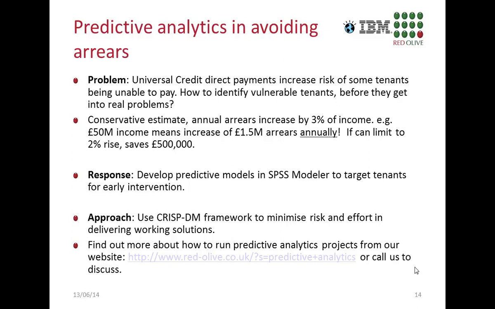So if we work at the bottom end of that range and assume, let's say, a 3% rise, a relatively conservative number, then if you're working in a housing association today where your annual revenues are about £50 million, that means a likely rise in arrears each year of about £1.5 million. So that's £1.5 million of extra cost potentially for your housing association.